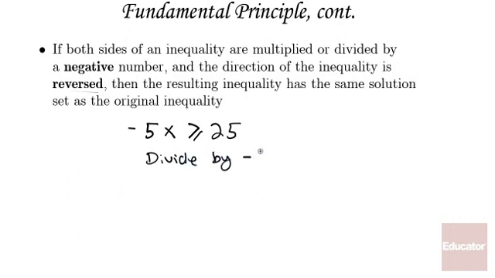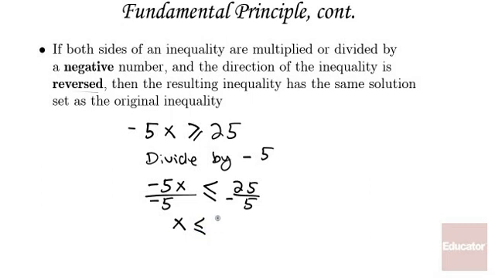As soon as I divide by that negative number, I need to reverse this inequality symbol. I'm not going to go any farther until I do. So this greater than or equal to turns into less than or equal to. So I divided both sides by negative 5, and what I'm going to come up with is that x is less than or equal to negative 5.